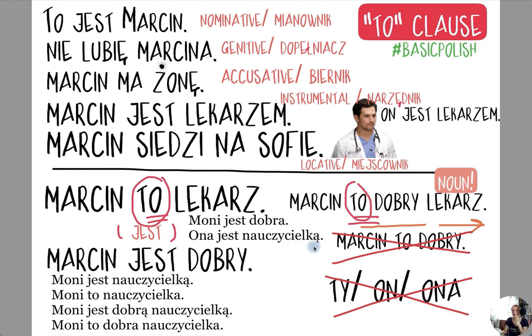You will deal with the to clause usually when talking about other people or abstract things. So we are really talking about the verb jest, or to in the sense of jest, right? So she is, he is, it is, love is, a house is, hate is, Kasia is, Jane is, right?